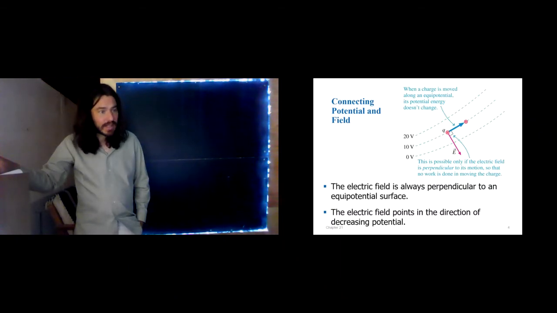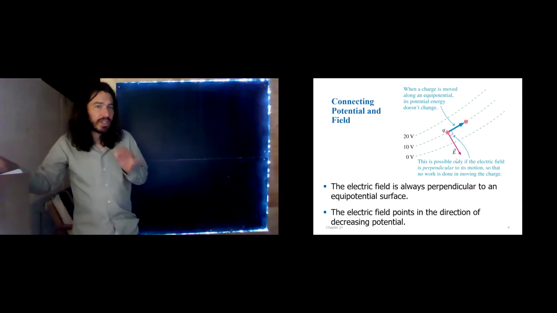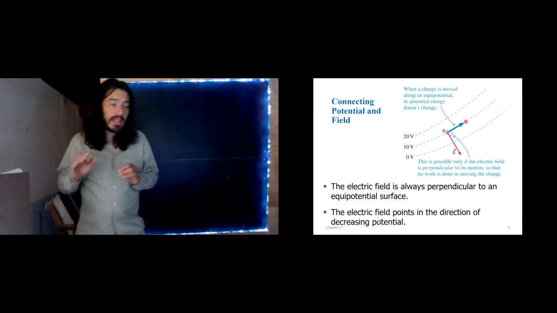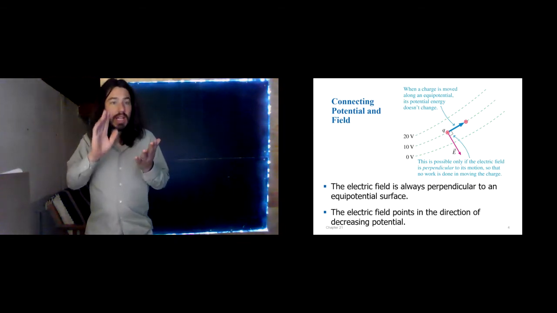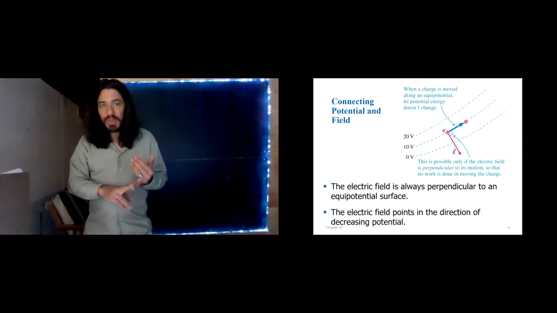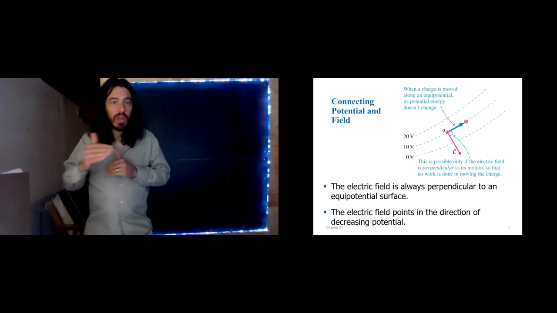What this means is that the electric field is always perpendicular to a line of equal potential, and the electric field always points in the direction of decreasing potential. Okay, so again, electric field is always perpendicular to lines of equal potential, and it always points downhill or towards lower potential.